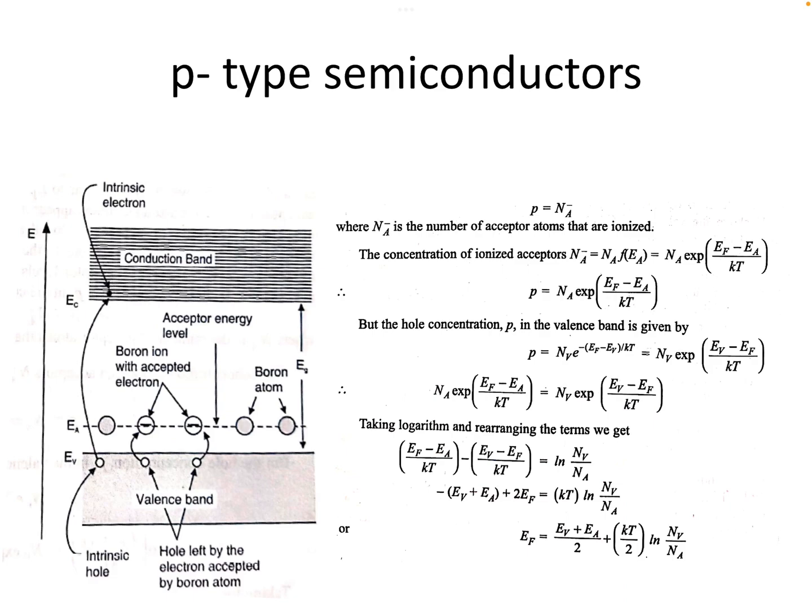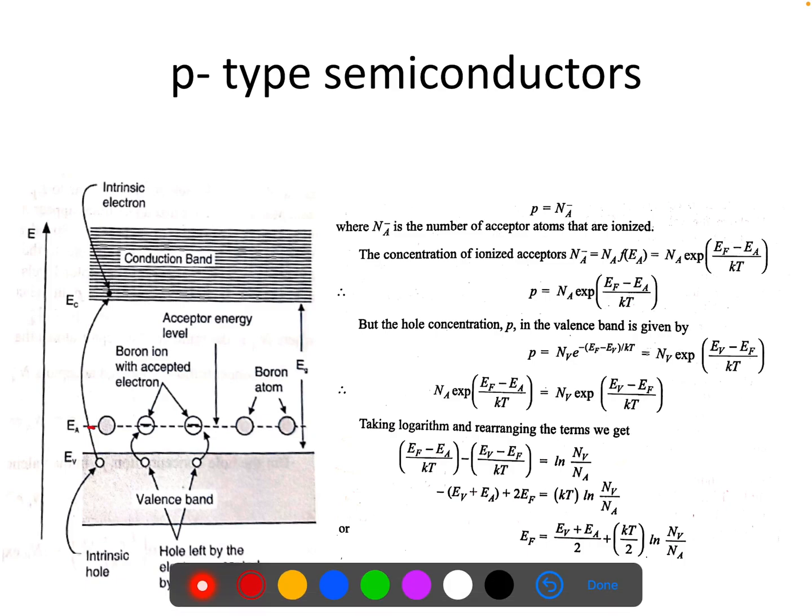The same thing you can do with the p-type semiconductor. Here there is an acceptor level, and this is an empty level because it's a trivalent atom. If you add some boron, it's a trivalent atom. So what will happen is electrons from the valence band see this vacant space and can jump from here.